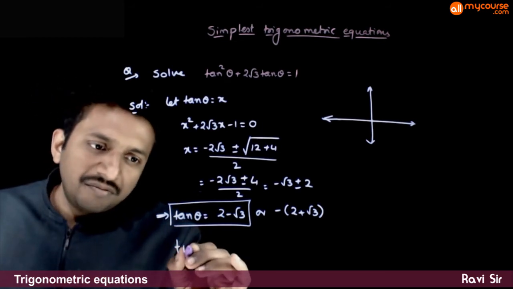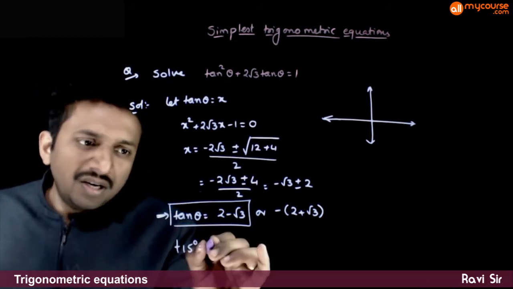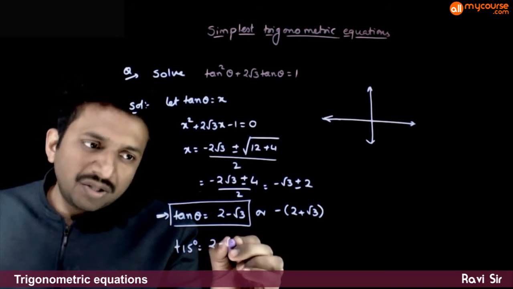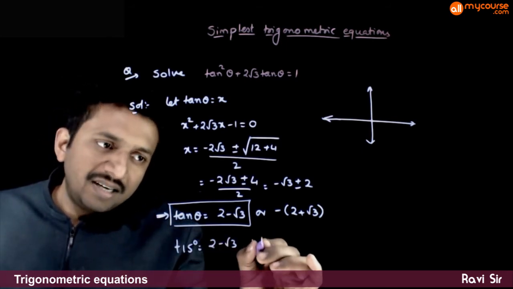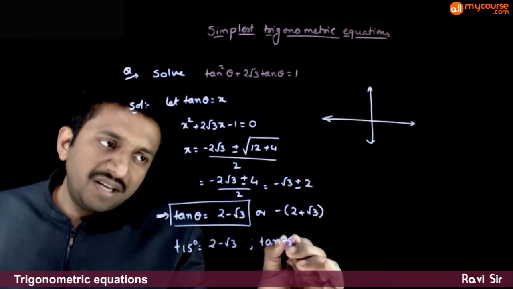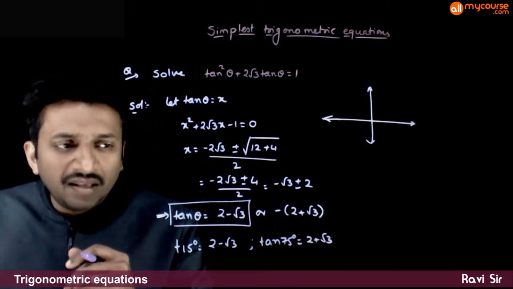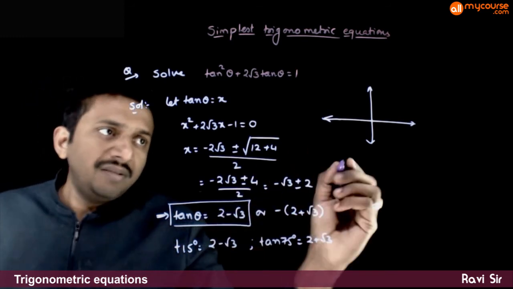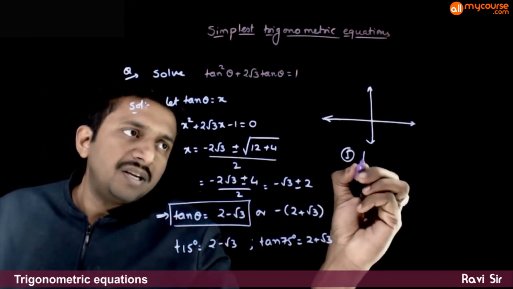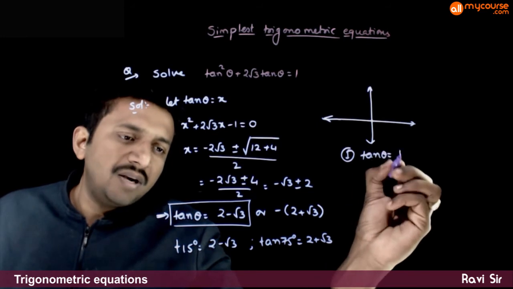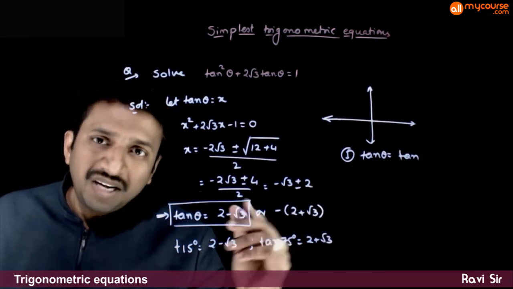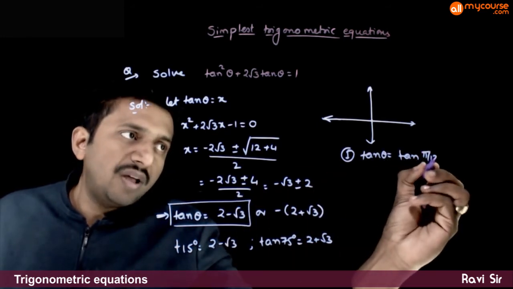So tan 15 degrees is equal to 2 minus root 3, and tan of 75 degrees is equal to 2 plus root 3. These are the values which you have already derived. So this is nothing but 2 minus root 3. So case 1, tan theta is equal to tan of 15 degrees, which is pi by 12.